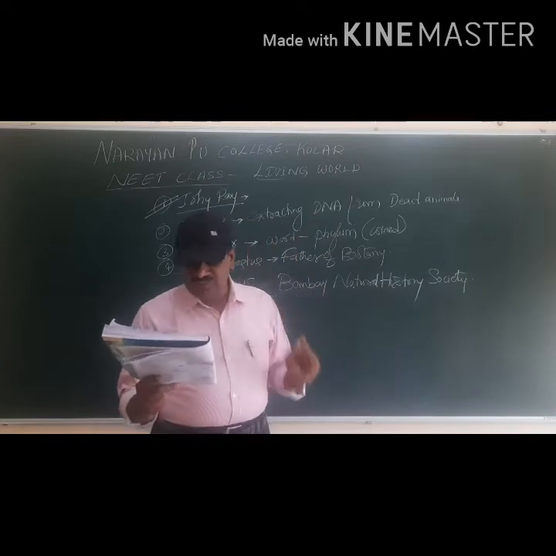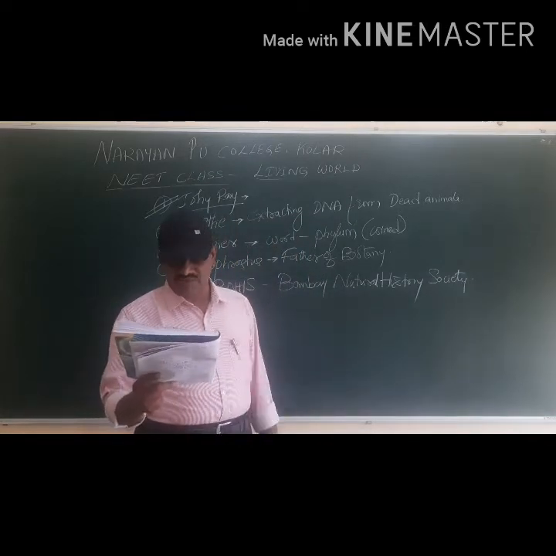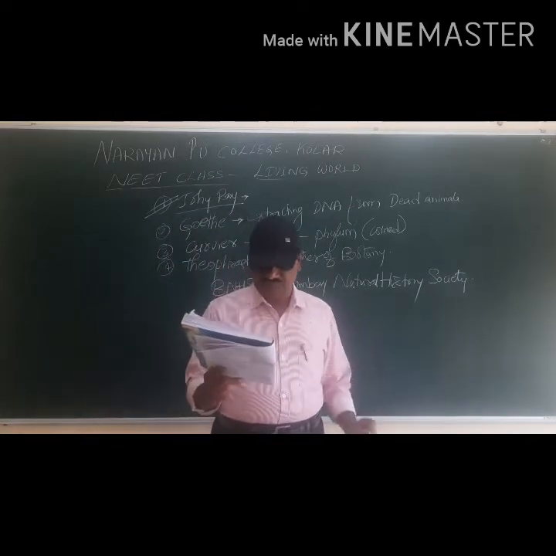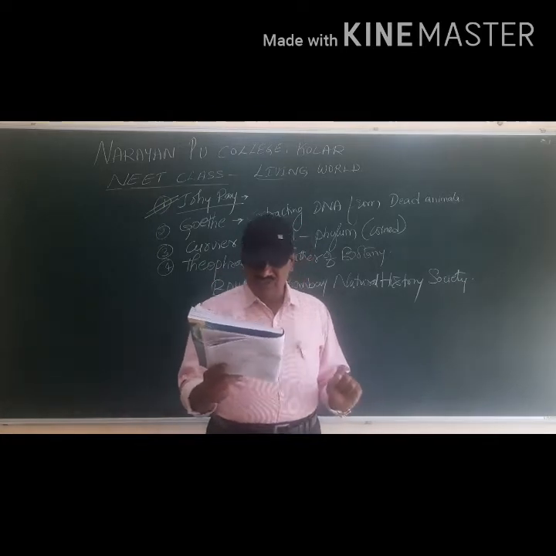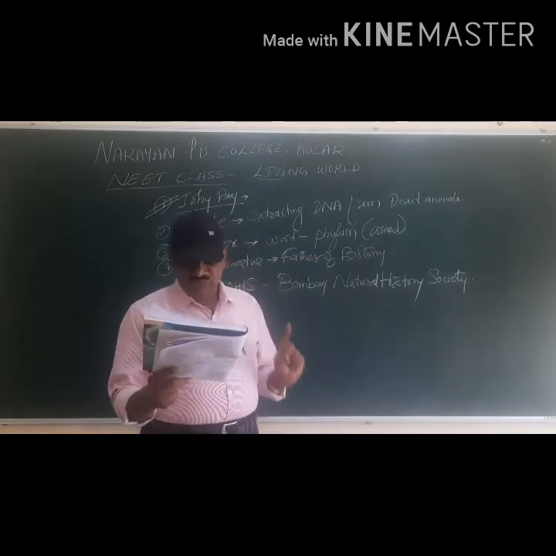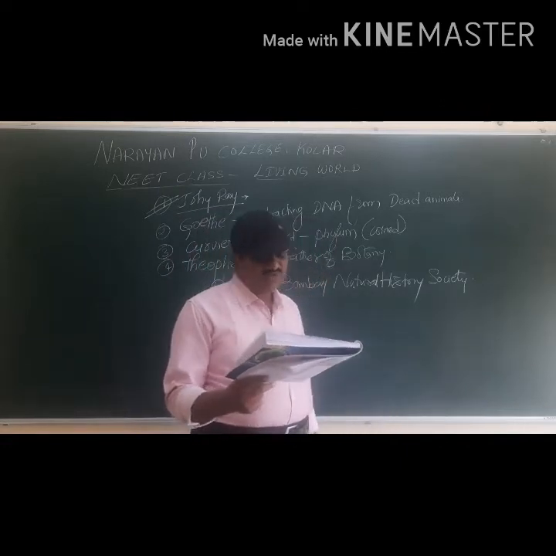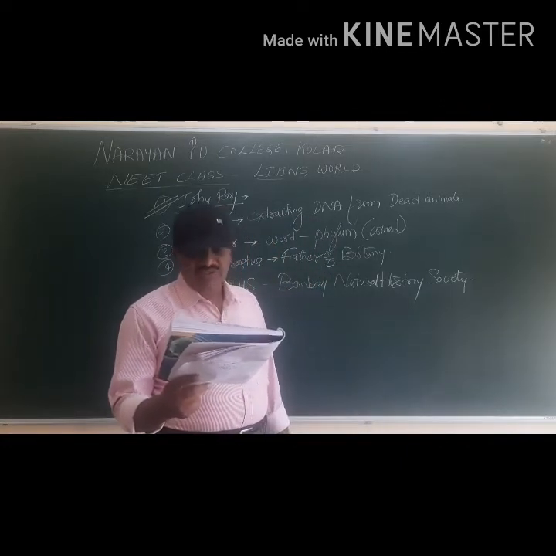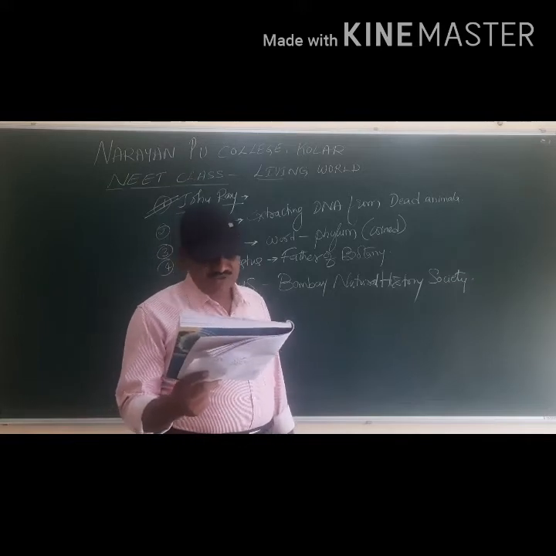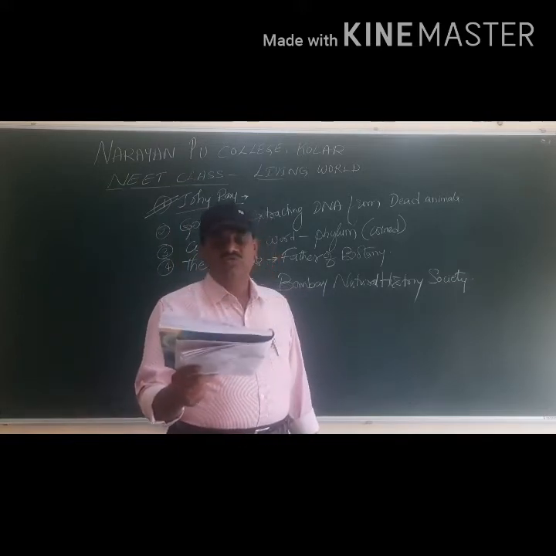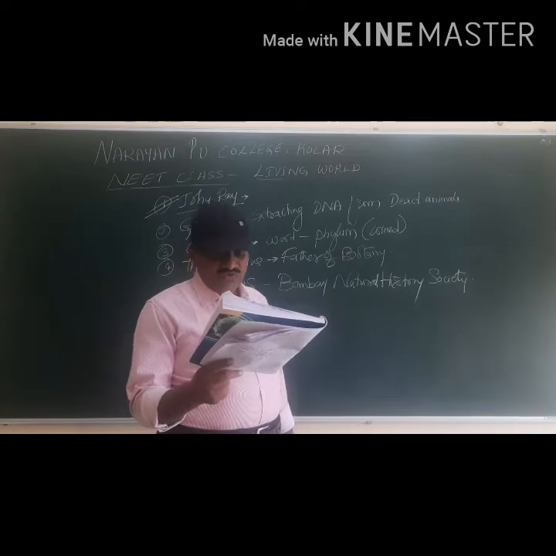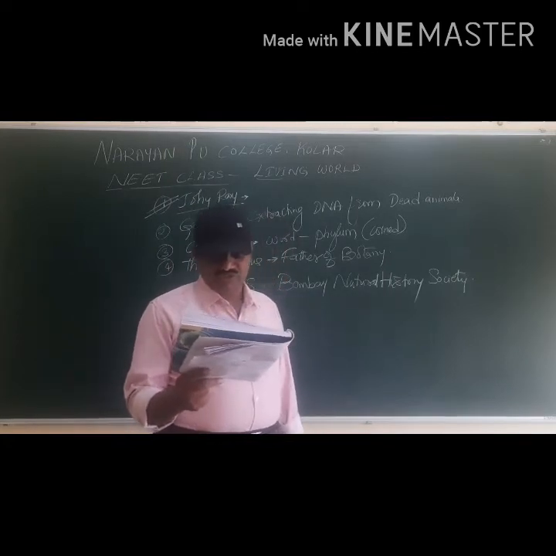The number of species classified in Species Plantarum is: first option 3800, second option 4000, third option 5900, fourth option 6000.